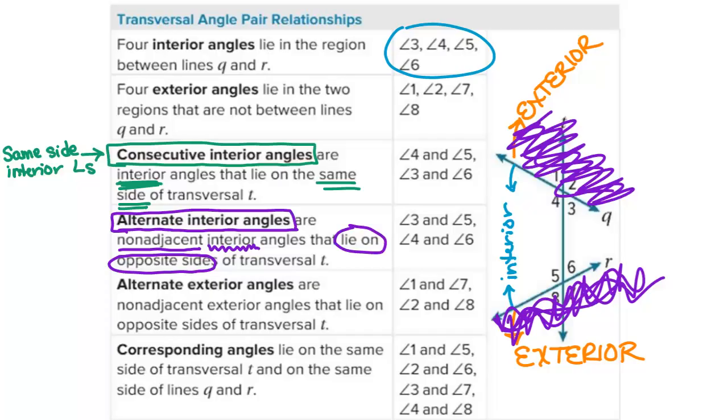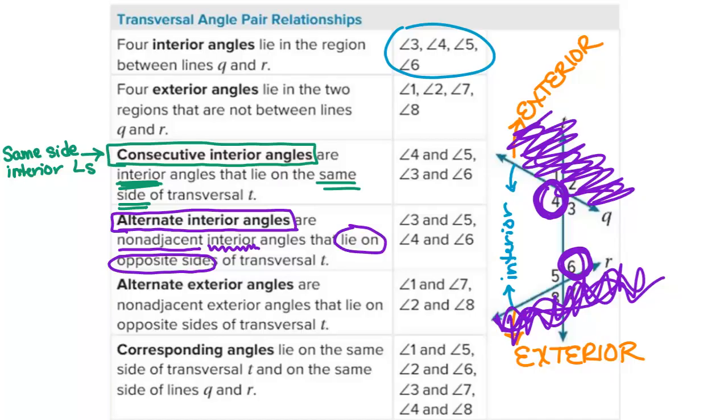When we say alternate interior angles, angle 4 is on the left side of the transversal. On the opposite side of the transversal, but not touching angle 4, is angle 6. These are alternate interior angles.